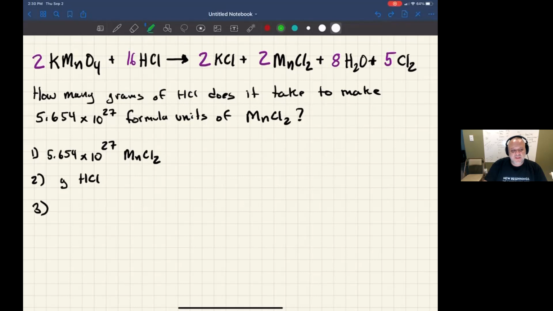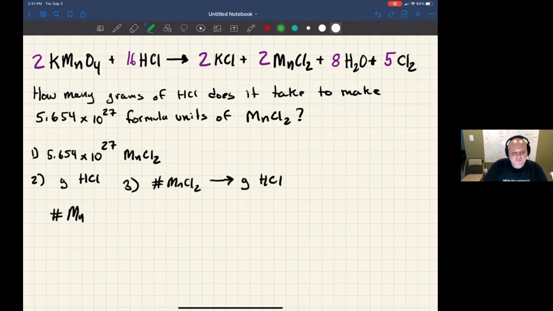All right, the basic plan is units in 1 to the units in 2. That means the number of manganese(II) chloride formula units converted to grams of HCl, but there isn't a direct path. In order to do that, I need to use the balanced chemical equation, and the balanced chemical equation always talks in moles. Since I'm converting between 2 different species, that's what tells me the balanced chemical equation is going to be helpful.